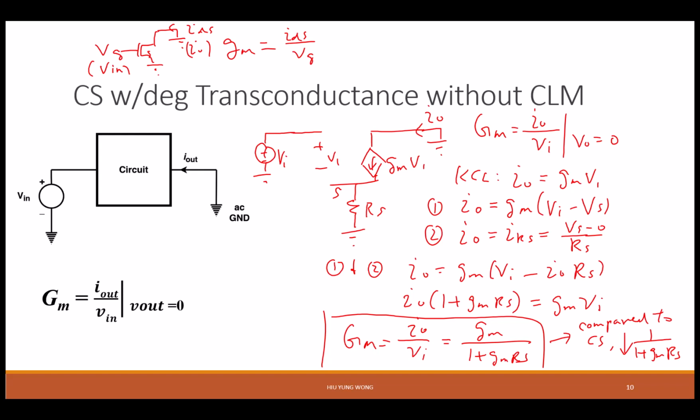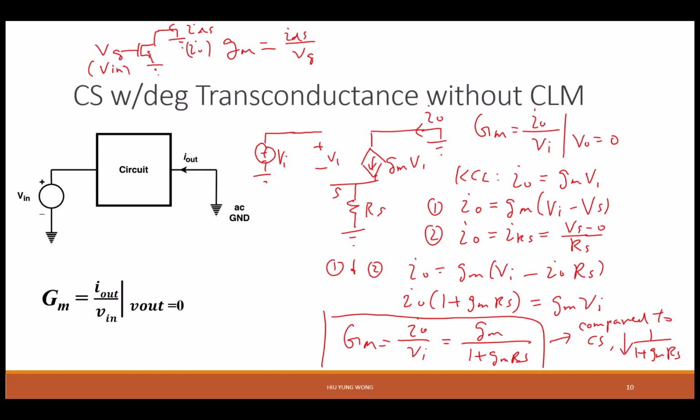What is that? Vs over Rs. Thank you. Vs minus 0, right? So with this, I combine equations 1 and 2. I have Iout equal to Gm times Vin minus Vs, but you already told me from the second equation, this is Iout times Rs, right?